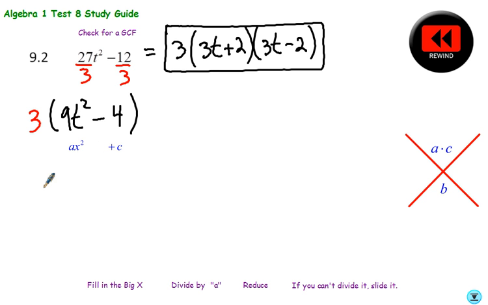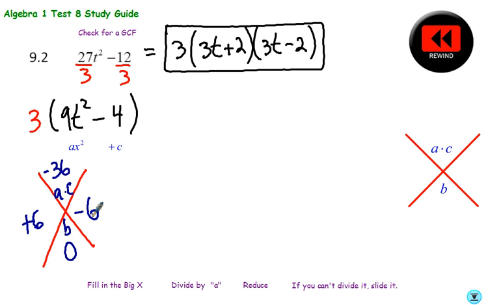So let me go ahead and fill in my big X. I've got A times C and then B. So 9 times negative 4, which would be a negative 36, and 0 on the bottom. So I'm looking for 2 numbers that multiply to negative 36 that add up to 0. Well, that would be positive 6 and negative 6.